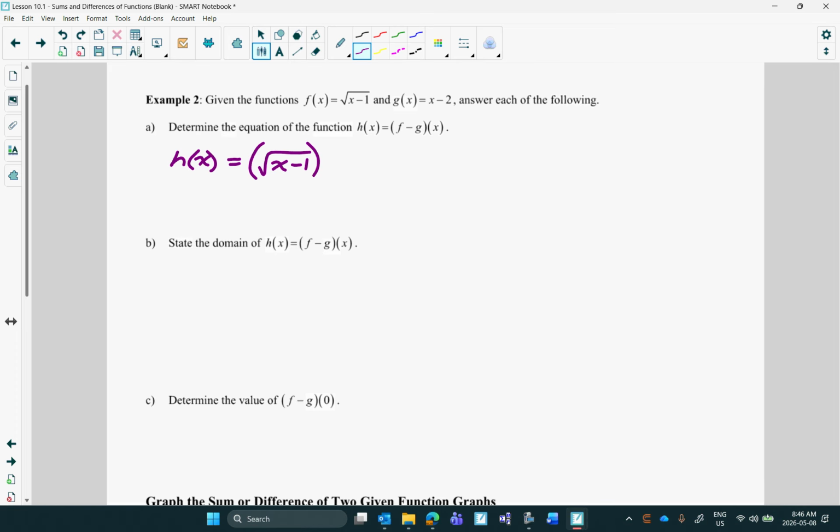So we're going to put in f of x in parentheses minus g of x in parentheses. Well, you got to be careful with this. I can take out the parentheses here and nothing changes. But when I take out the parentheses here, something changes because I have to subtract everything inside. So I get subtract x plus 2. You can't combine anything or simplify anything any further, so you're done.